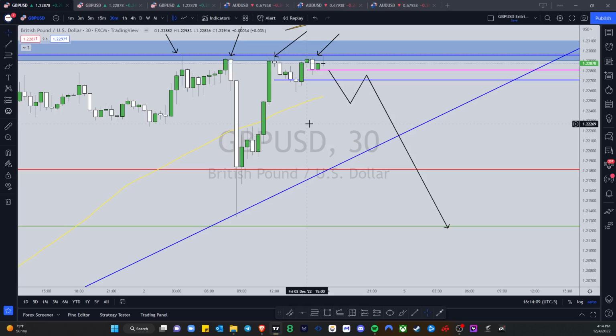Vice versa, if a higher low is being made on a downtrend, I'll be looking for a buy. But if a lower high is being made on an uptrend, then I'll be looking for a sell.